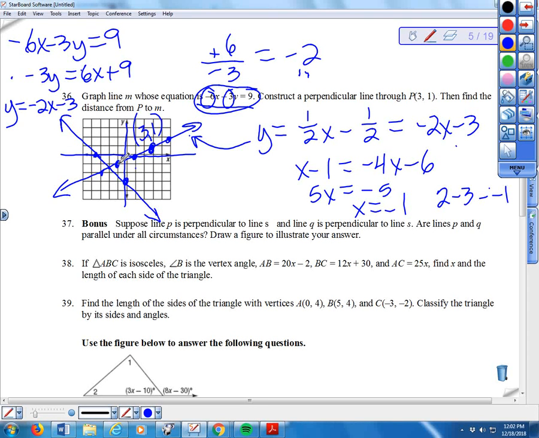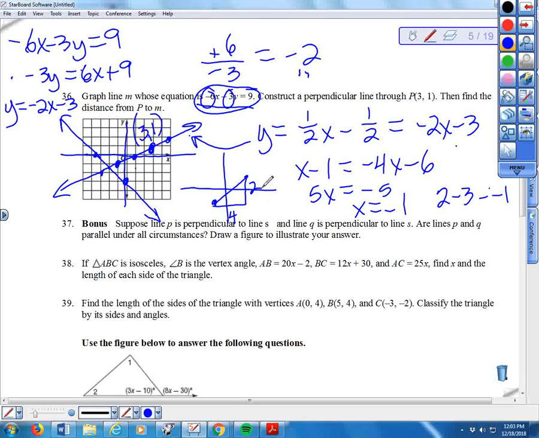So I need to find the distance from (negative 1, negative 1) to (3, 1). If I draw my triangle, from negative 1 to 3 is 4 units, and from negative 1 to positive 1 is 2 units.